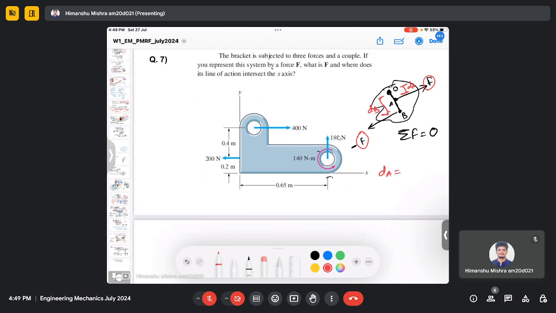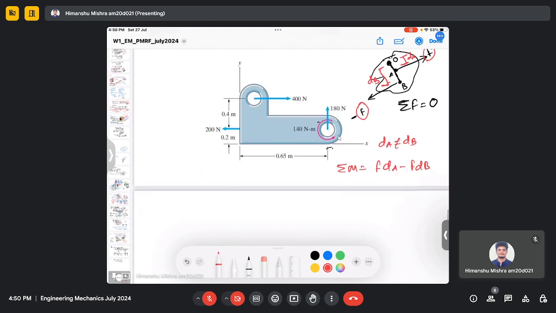If dA is not equal to dB, then there will be a moment, because according to Varignon's theorem I have force multiplied by dA minus force multiplied by dB. And this will be the moment acting at point O.